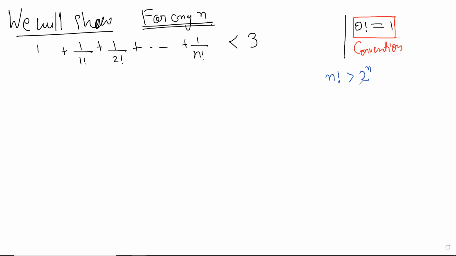We will use this: k factorial is bigger than 2 to the power k.